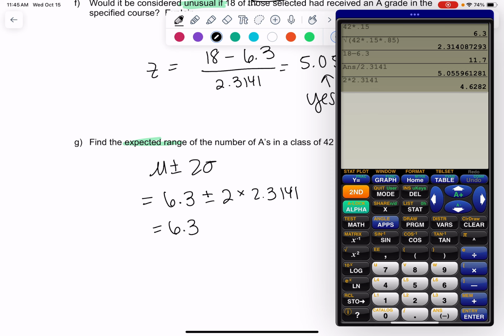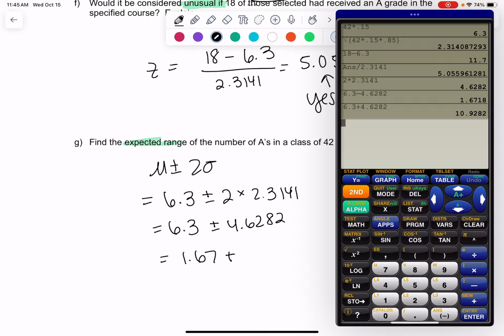So you could pause and try. I'm just going to double the standard deviation, and then I'm going to do 6.3 minus that number. 6.3 plus that number. So 1.67 to 10.93.